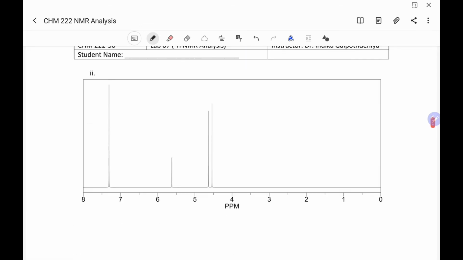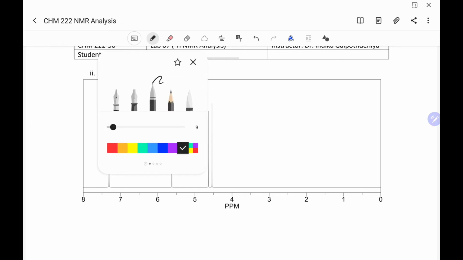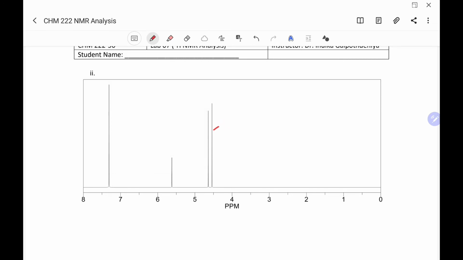In here, we have 2 peaks around 4 to 5 ppm, and you have one peak around 5 to 6 ppm.